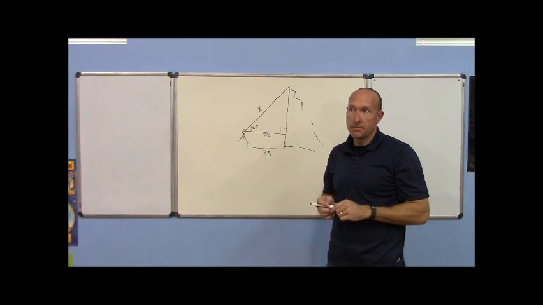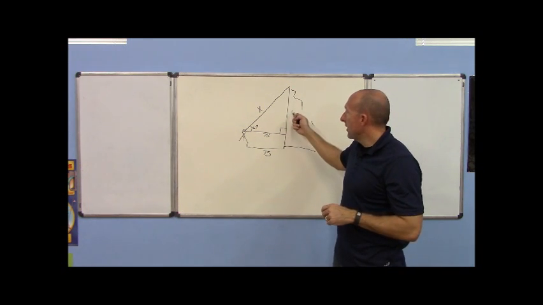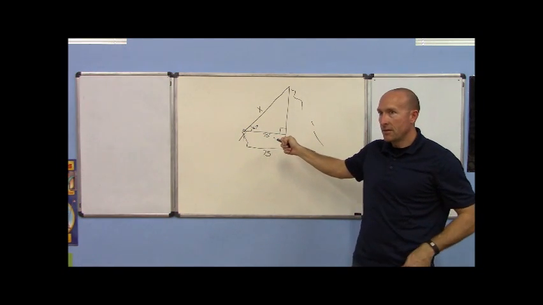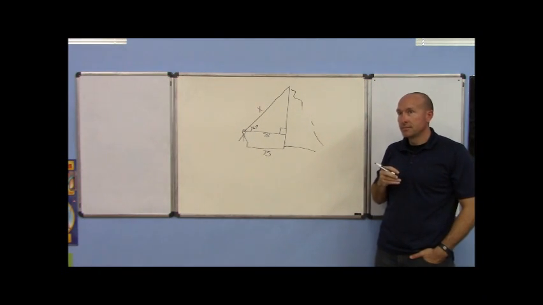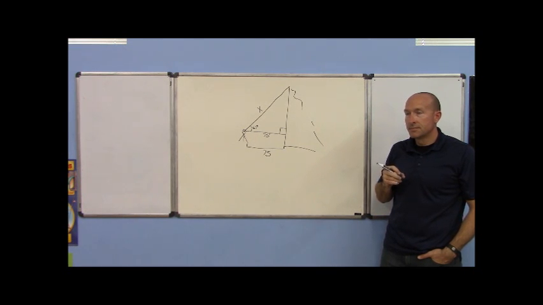But why is that? It's opposite over adjacent. Well, would this be opposite over adjacent? Yes. Okay, go ahead. I was doing hand motions to follow what I was thinking.